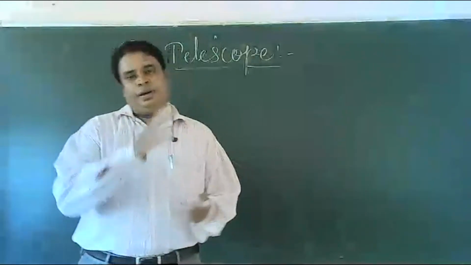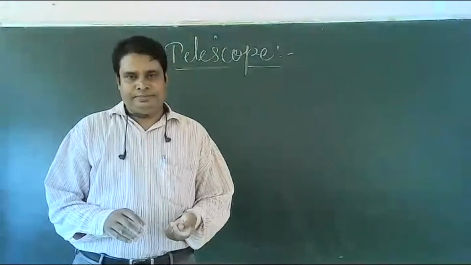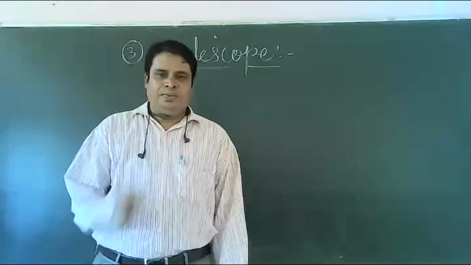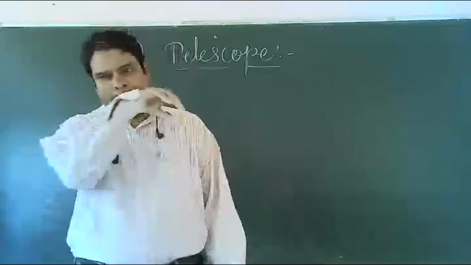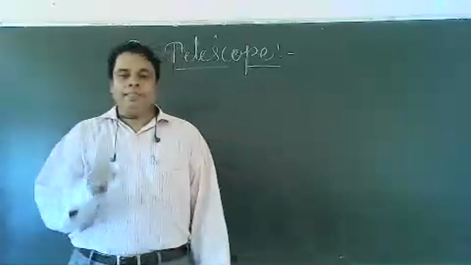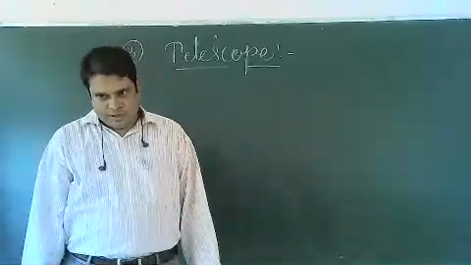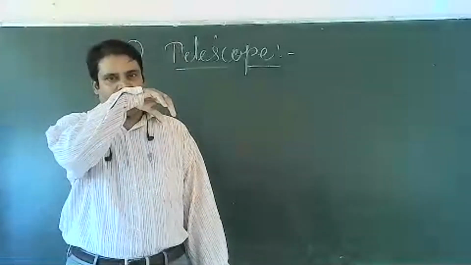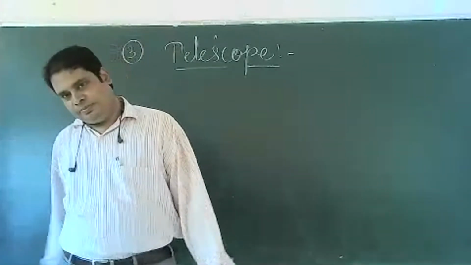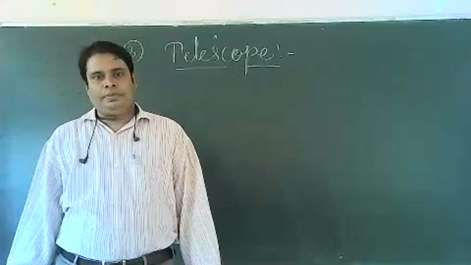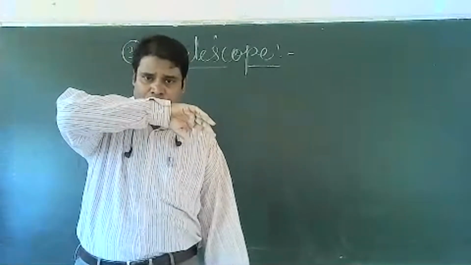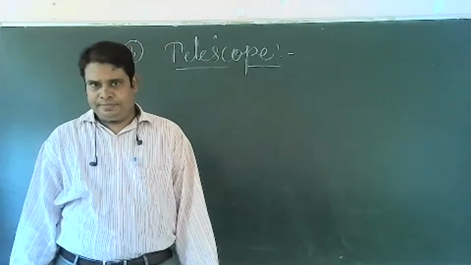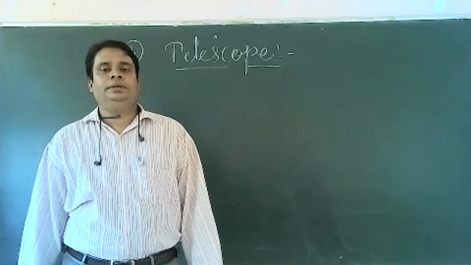Of course, to observe distant objects, heavenly bodies. The first ever telescope, we will discuss it later. There are two types of telescope: one terrestrial telescope and another astronomical telescope. Astronomical telescopes are used to observe heavenly bodies. Correct.